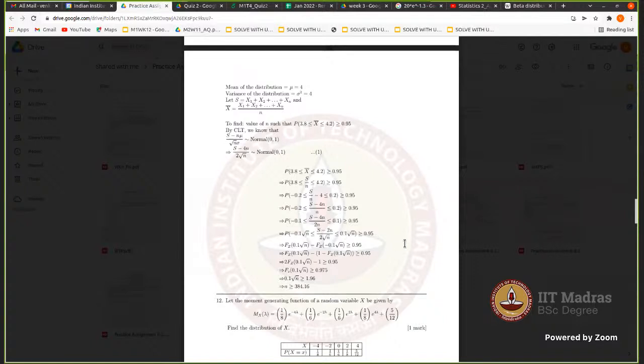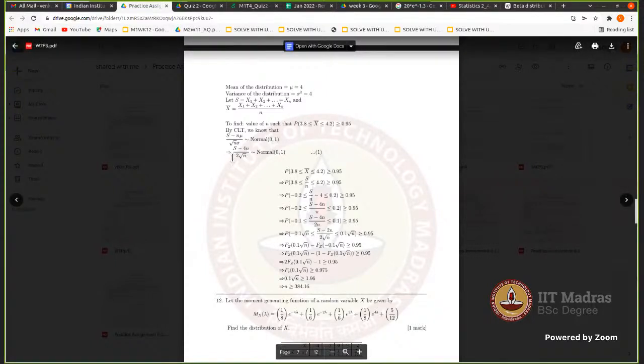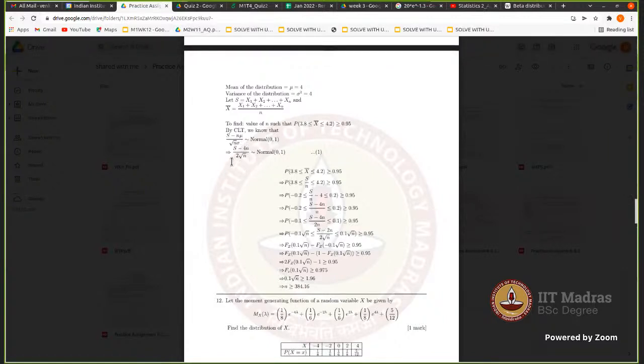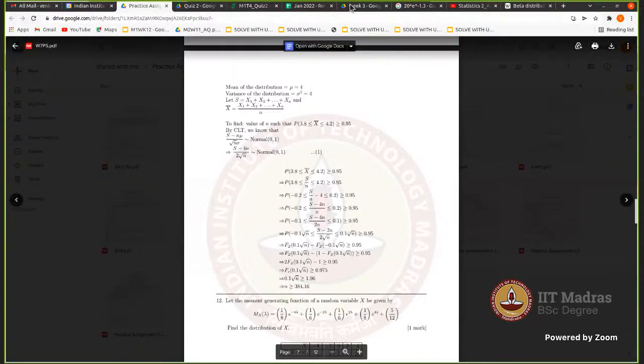Because we are multiplying it with root n, automatically the denominator becomes 2 root n, which is the required condition for normalization, right? Yes, this was the confusion: why has s minus 4n become s minus 2n? That was an error from our side, so that should be 4n only. Okay, thank you.